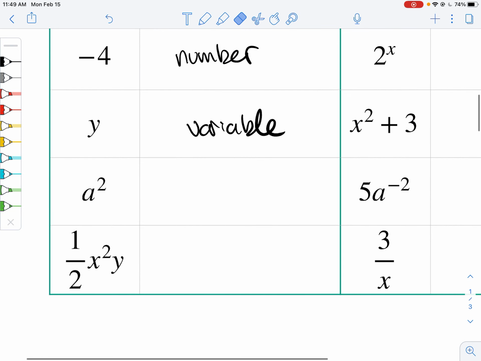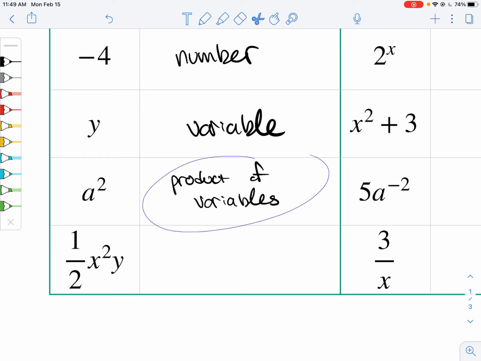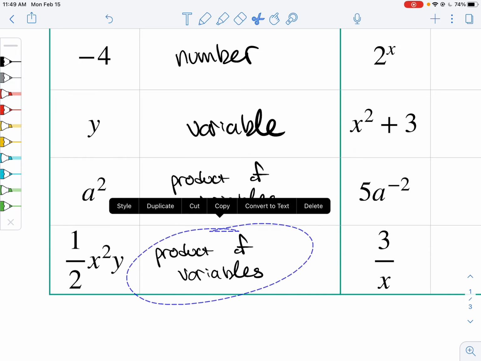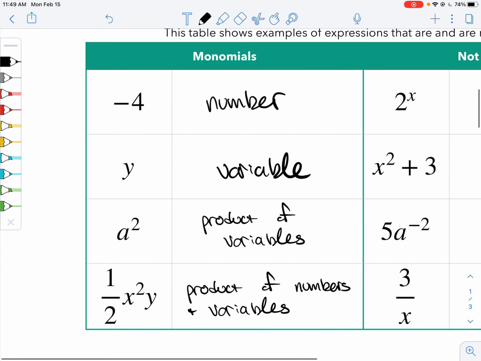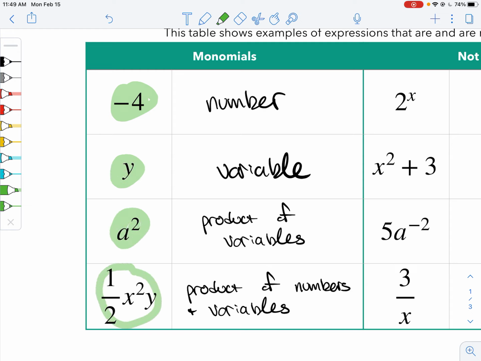So that is a product of variables. And then this 1/2 x squared y is a product of variables and a number 1/2. So this is a product of numbers and variables. So yes, these are monomials because they are one thing. They're one term, we say. It is numbers, variables, or them multiplied together.